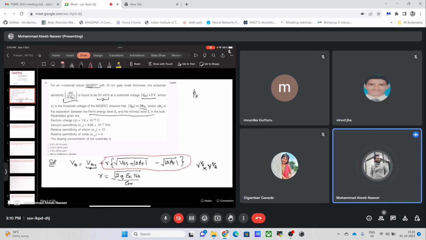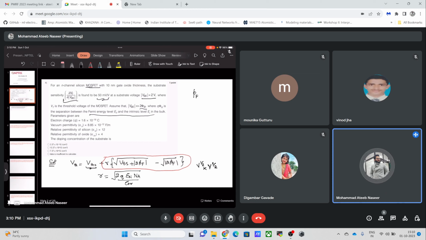There has to be consistency of units. So VTHO has the unit of volt, and as a result, this gamma will also have the unit of root of volt. So this is just hit and trial. I am not going into root of 2q epsilon Si Na and trying to solve its units. I am just saying that by looking at this expression, we should be able to get a sense that it should have units of root of volt.